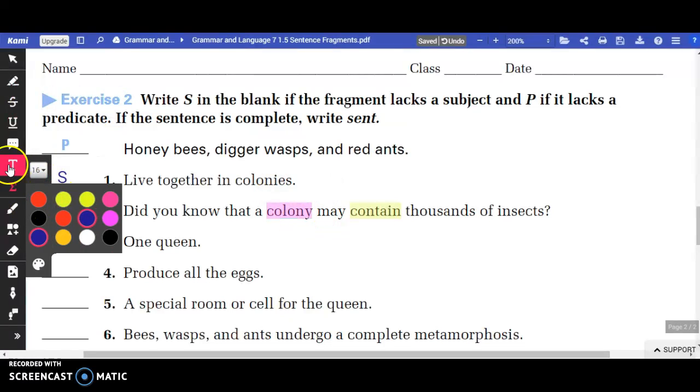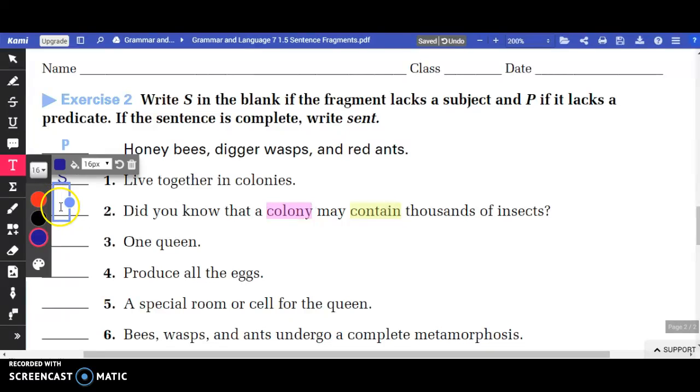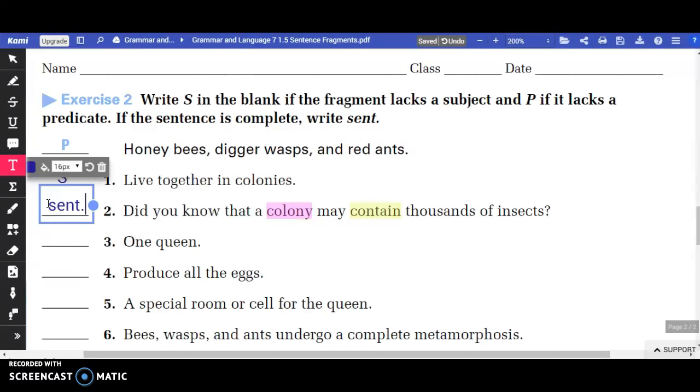So in this case, I know for sure that I have a sentence. 3, one queen. Well, I can tell it's about a queen, but it doesn't tell me what she did or what she has. So that tells me that it's lacking a predicate.